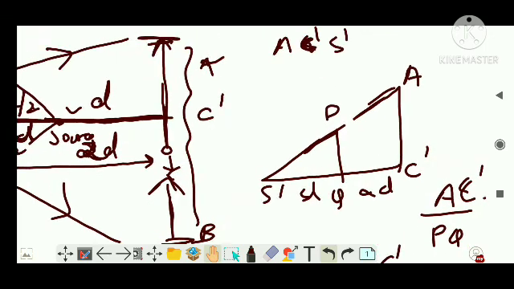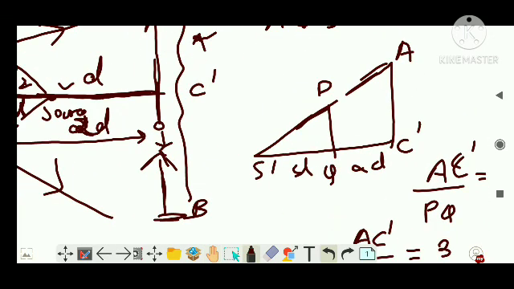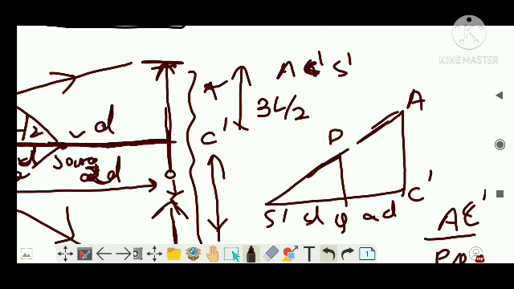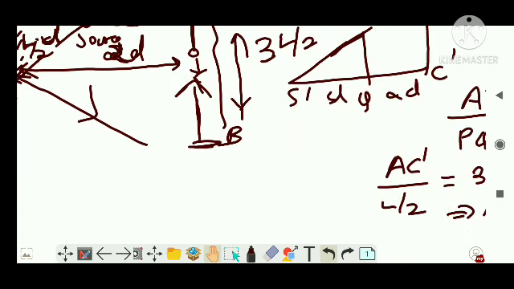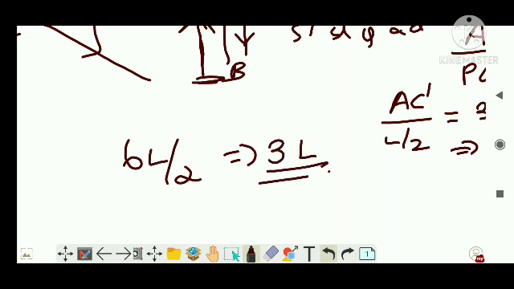So this distance is 3L by 2, and if this is an ideal condition, this distance should also be 3L by 2, so that the total distance for which the person can go is 6L by 2, the sum of it, so I can say it is 3L. Clear?